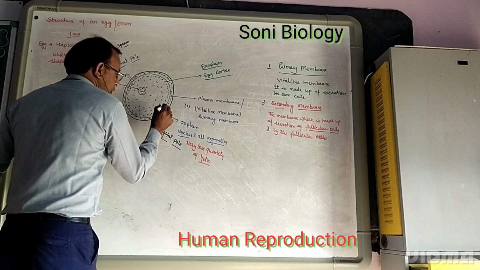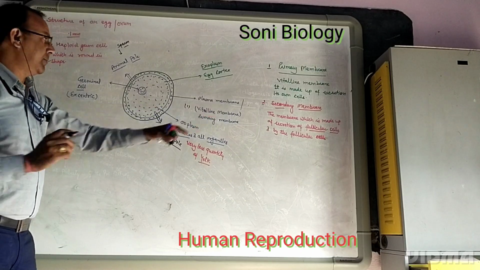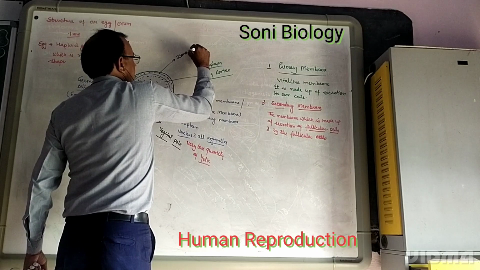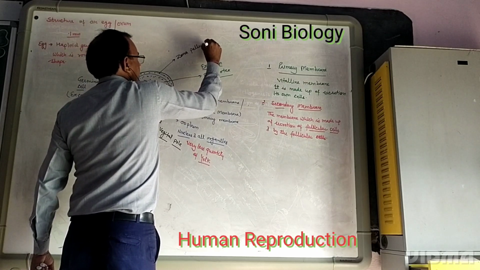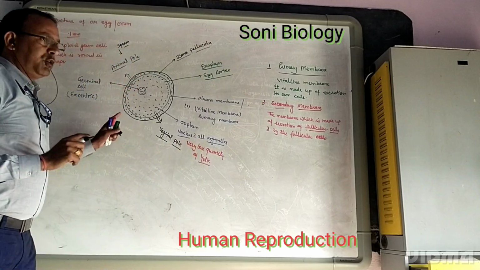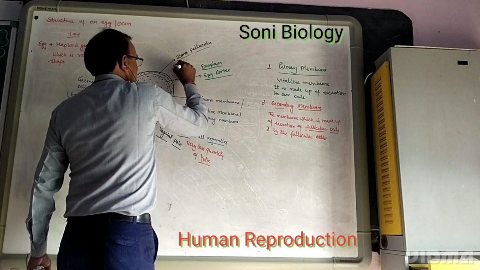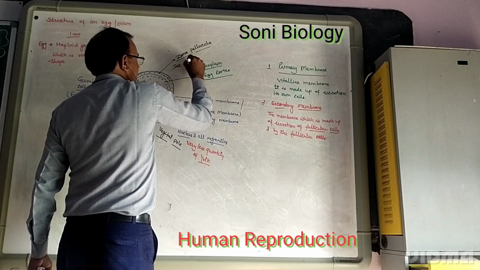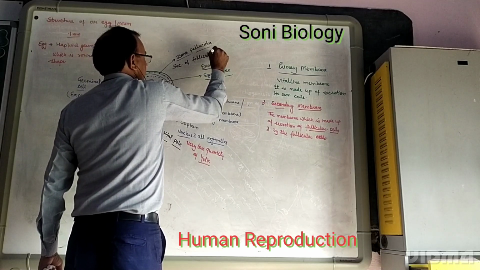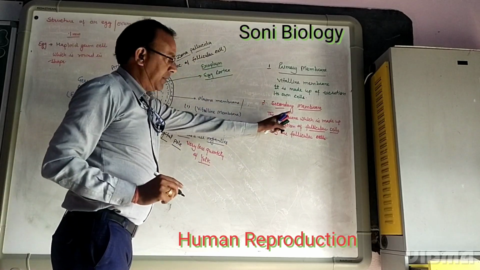This membrane is called the zona pellucida. It is produced by secretion of the follicular cell and is part of the secondary membrane.